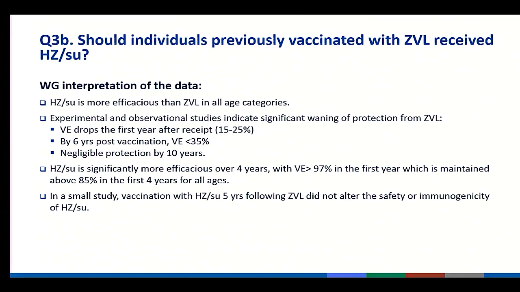Herpes zoster subunit vaccine is significantly more efficacious over 4 years, with a VE greater than 97% in the first year, which is maintained above 85% in the subsequent 3 years. In a small study presented at ACIP earlier in this session, vaccination with subunit vaccine 5 years following zoster vaccine live did not alter the safety or immunogenicity of herpes zoster subunit vaccine.